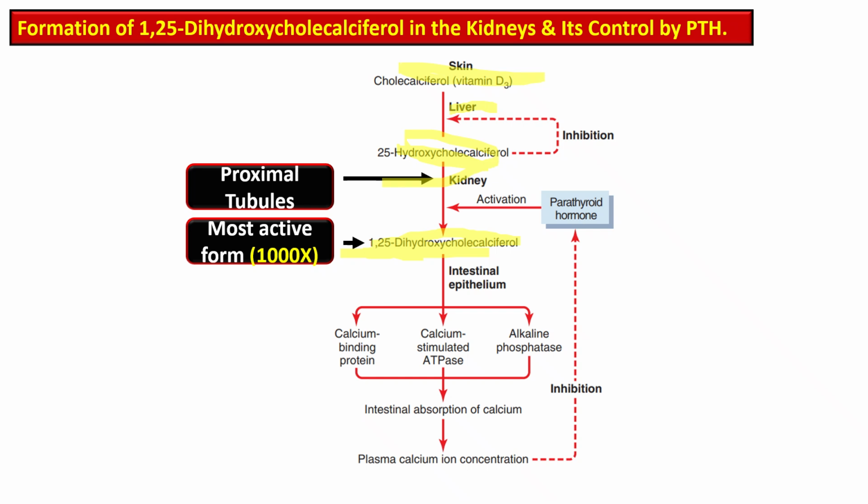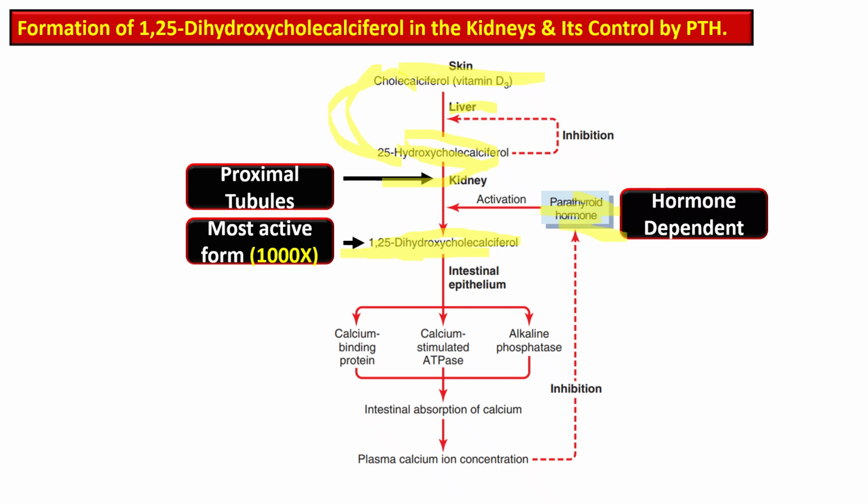1,25-dihydroxycholecalciferol is 1000 times more potent than the earlier form of vitamin D. So without kidneys, this crucial conversion cannot occur, and vitamin D becomes ineffective. There is a role of parathyroid hormone in this process.